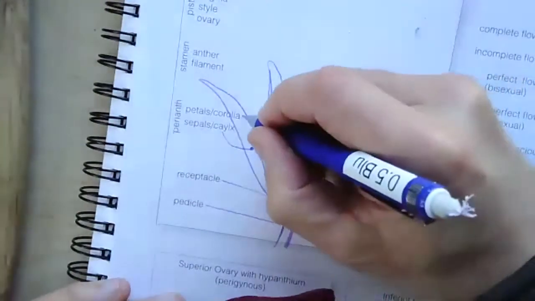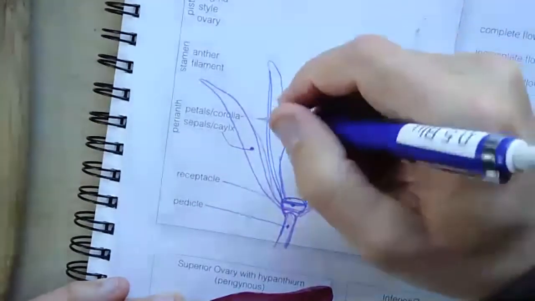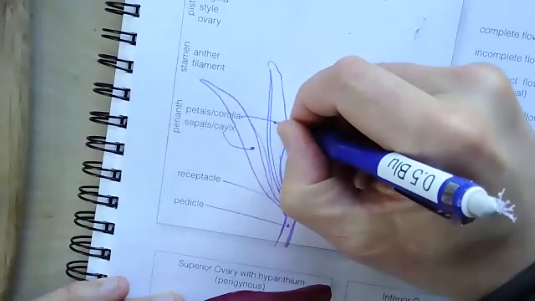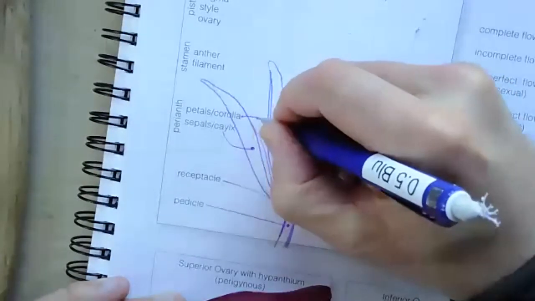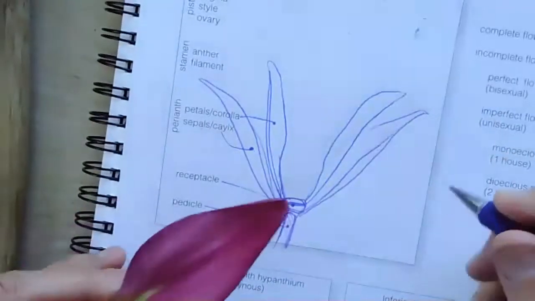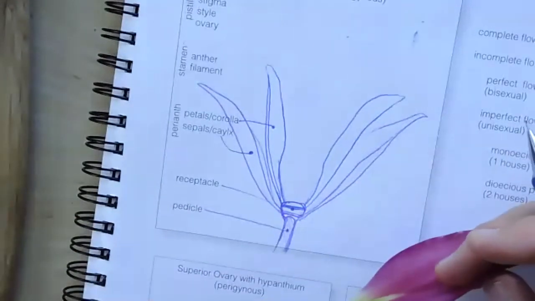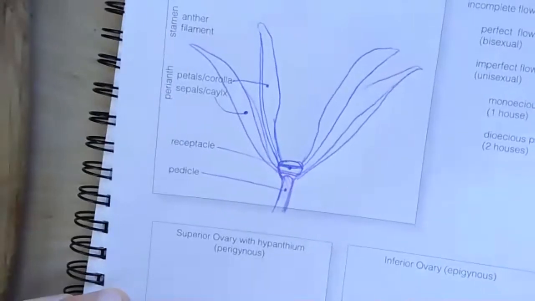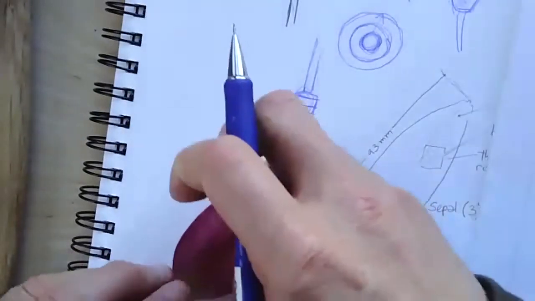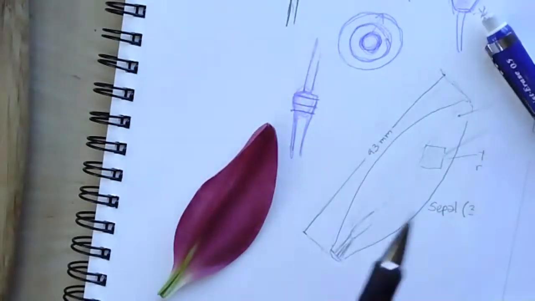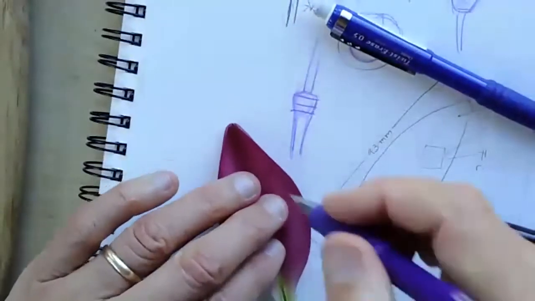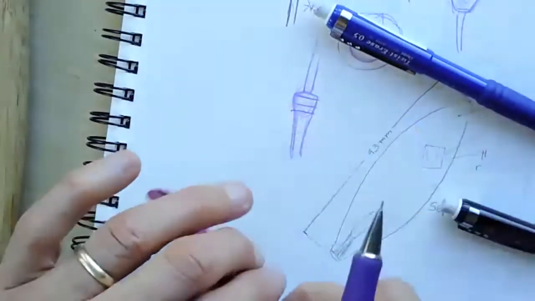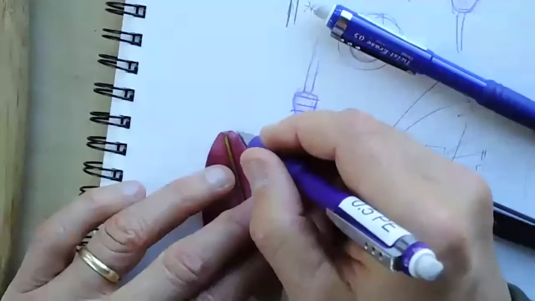And that is my next row. So I've got one row, I've got two rows. All the petals together are called the corolla. And if I were to diagram one of my petals, it'd probably be easier for me to hold it this way.